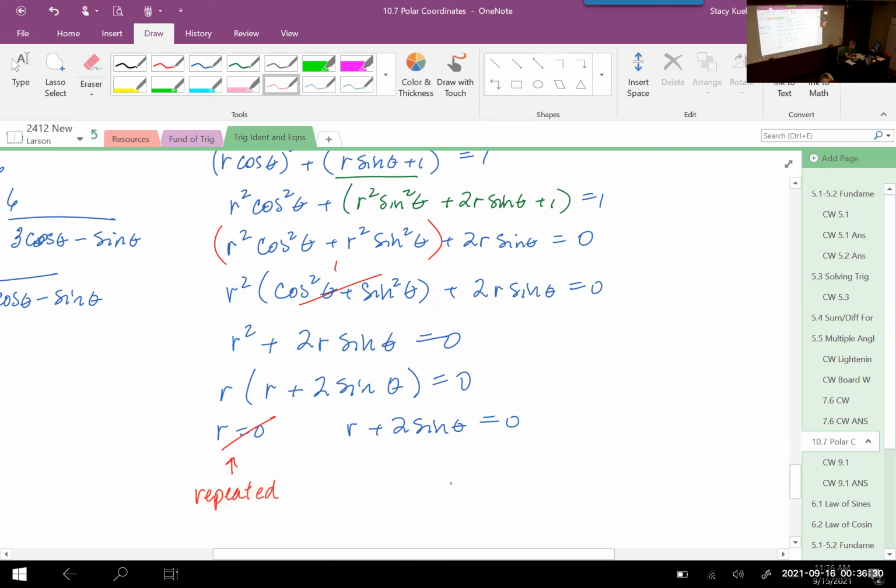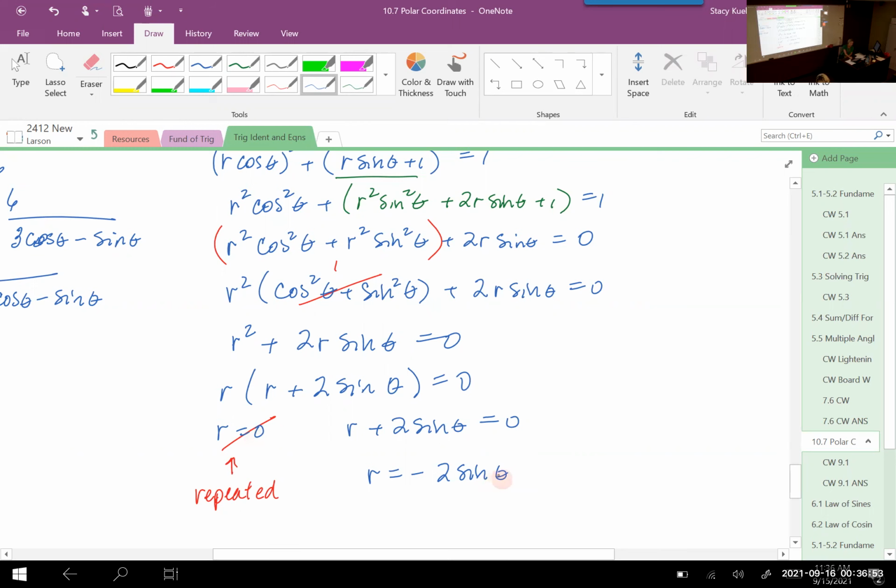But for this right-hand equation, when I solve it, I would say r is equal to negative 2 sine theta. And I've now put the equation into r's and thetas. Okay? And it's a repeated root.